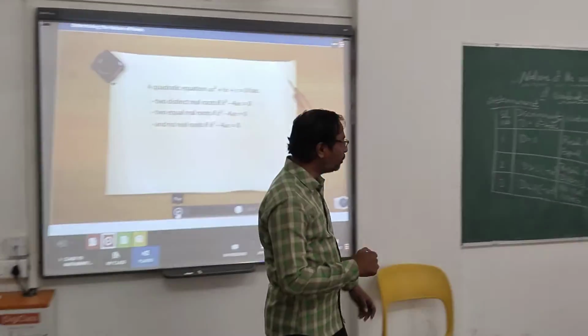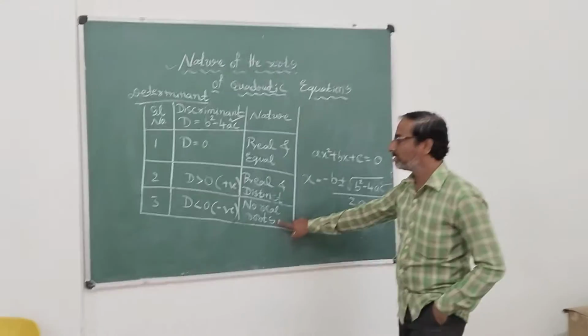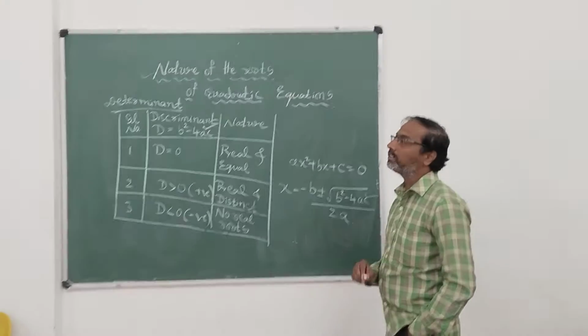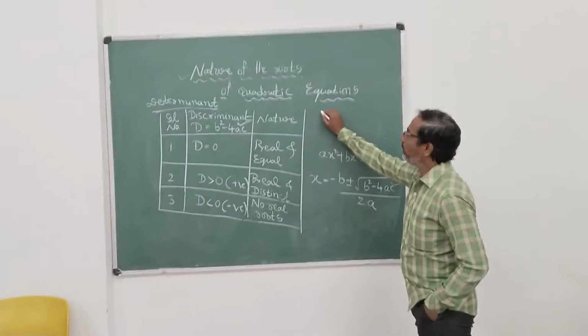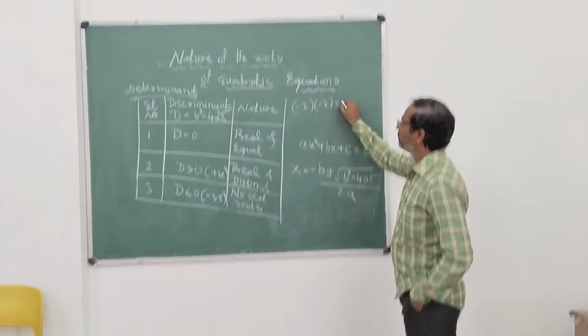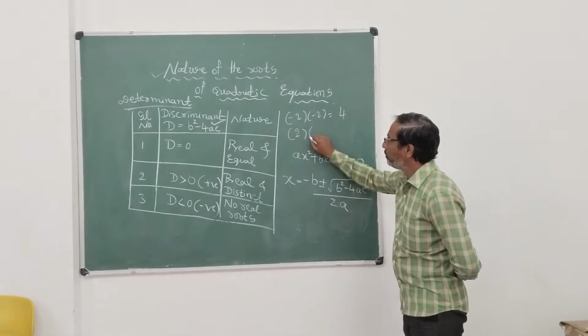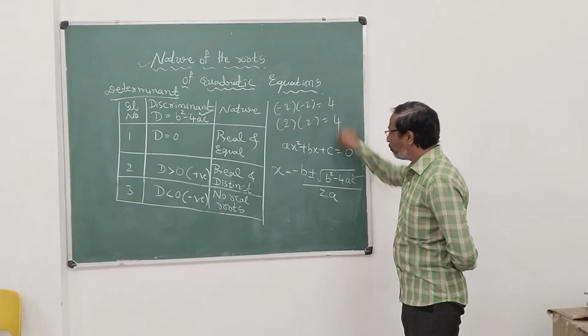Students, here I want to add one more point regarding this no real roots. So I'll give a few examples now. We all know that minus 2 into minus 2 is nothing but plus 4. At the same time, plus 2 into plus 2 is also 4.